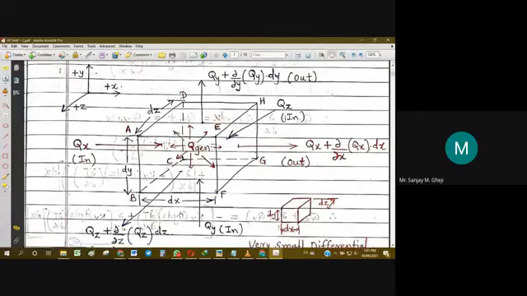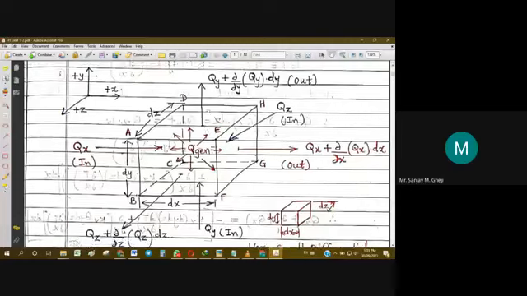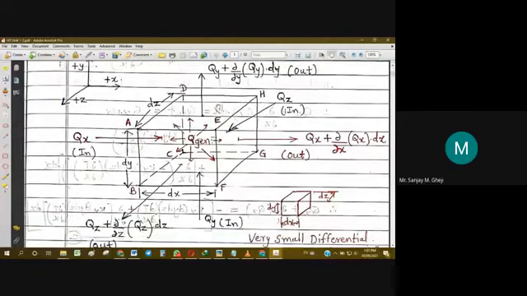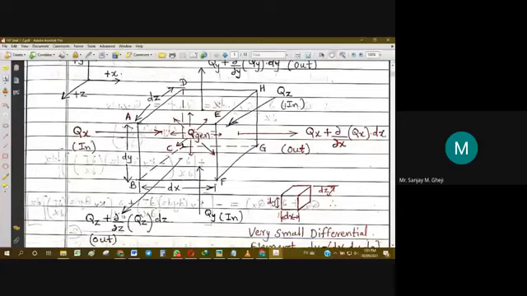In the same way, in the vertical y direction, the bottom face is the inlet, so Qy is in, and the heat being conducted out of the differential volume is Qy plus ∂/∂y of Qy dy. In the same fashion, we can write it for the z direction.